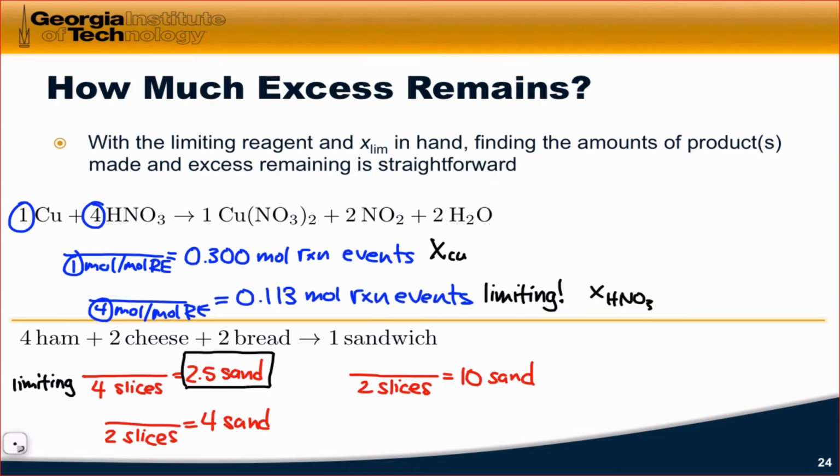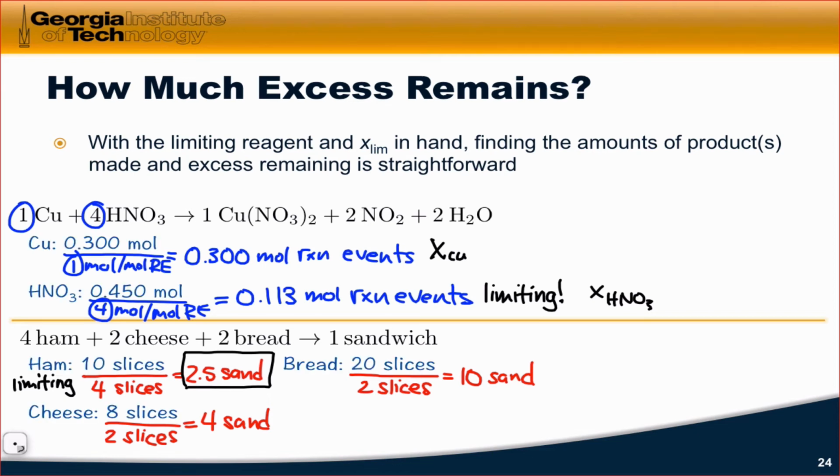How much excess remains? In other words, what's the situation once all of the limiting reagent has been used up? We saw before that we can only make 2.5 sandwiches given the conditions we have here. Because the ham is limiting, and this will always be true, there will be no more ham left at the end of the sandwich making process. To find the amount of cheese left, we need only find the number of slices necessary to produce 2.5 sandwiches.